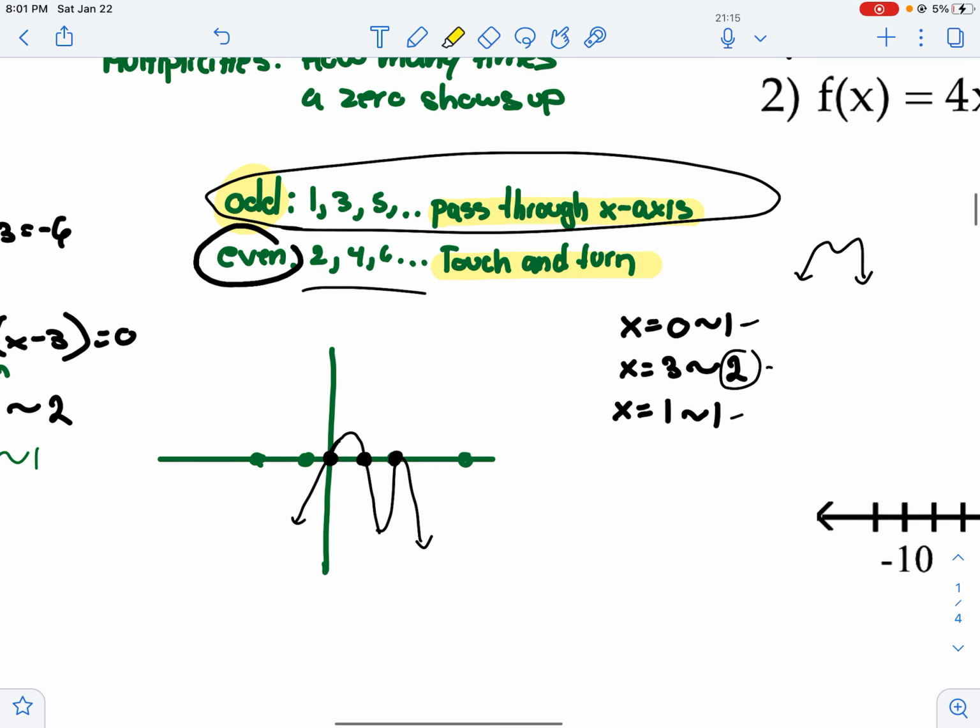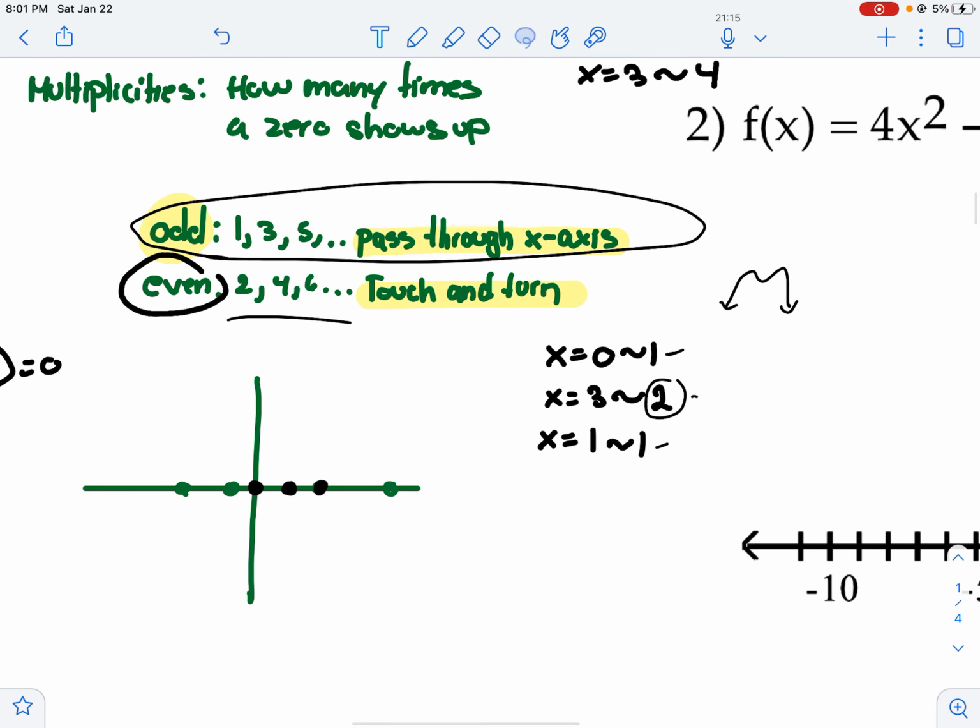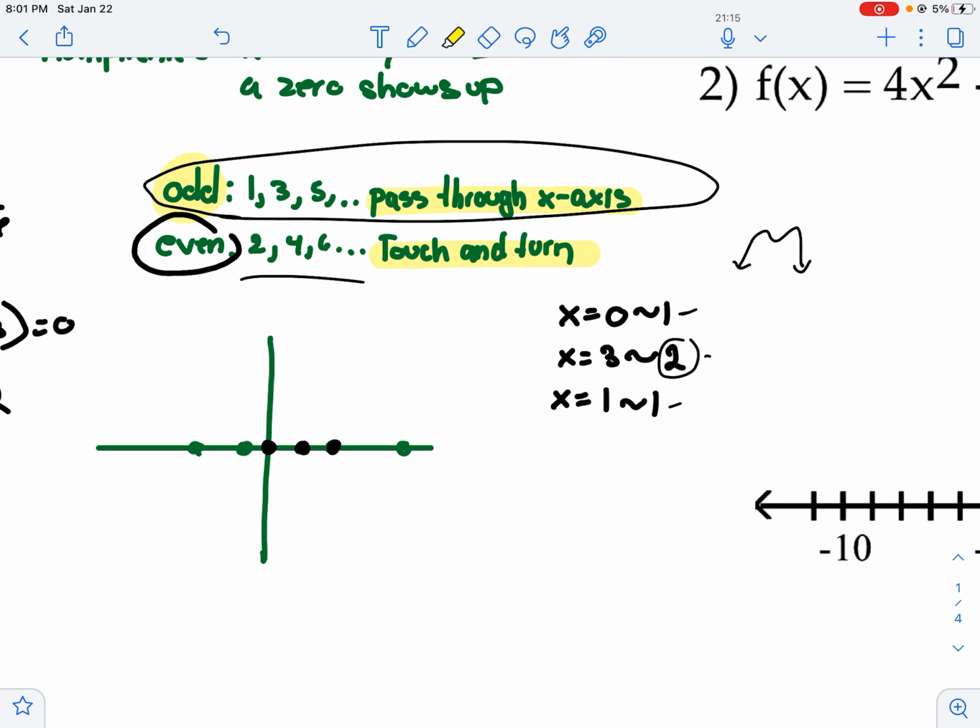And I'm going to explain that down here, okay? Let me take all these off so that you can see. I can delete this over here, actually no, I'm probably going to need that. Let's just say you had x is equal to 0 with only 1 multiplicity, x is equal to 3 with a multiplicity of 2, and x is equal to 1 with a multiplicity of 1.